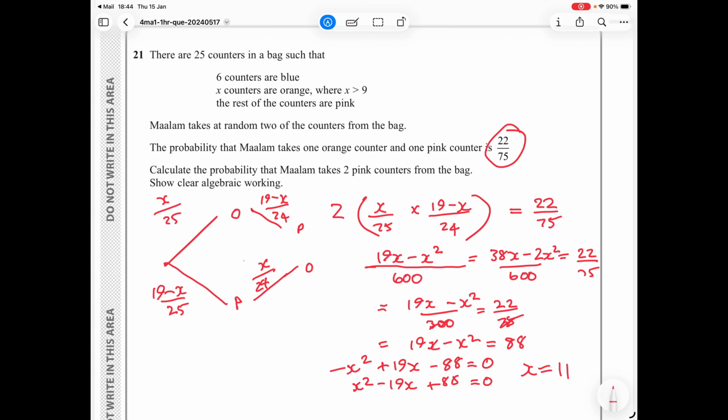And that means, calculating the probability that she takes 2 pink counters from the bag, that there are 11 orange, so that's 17, so 25 minus 17 equals 8. So it's 8 over 25 times 7 over 24 equals 56 over 600, and 56 over 600 is 7 over 75.